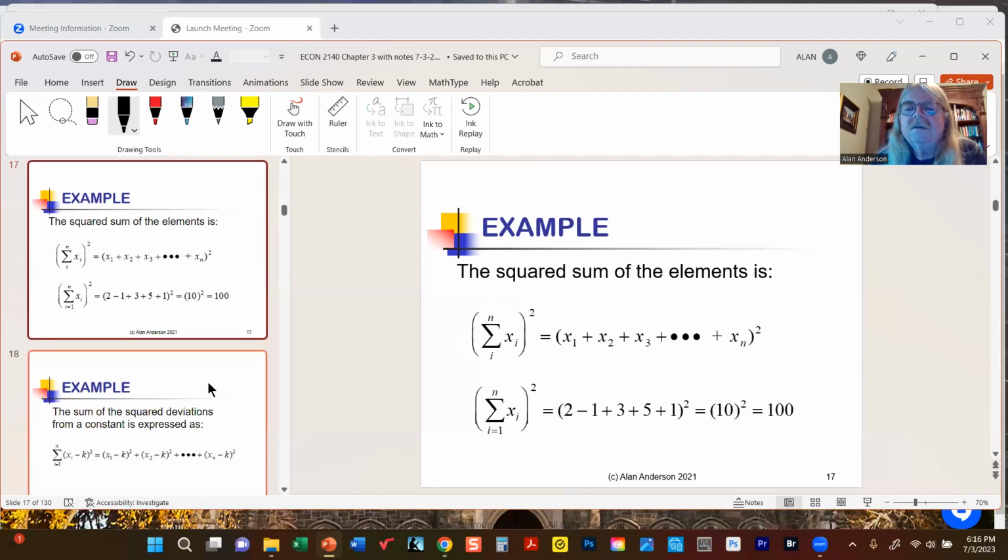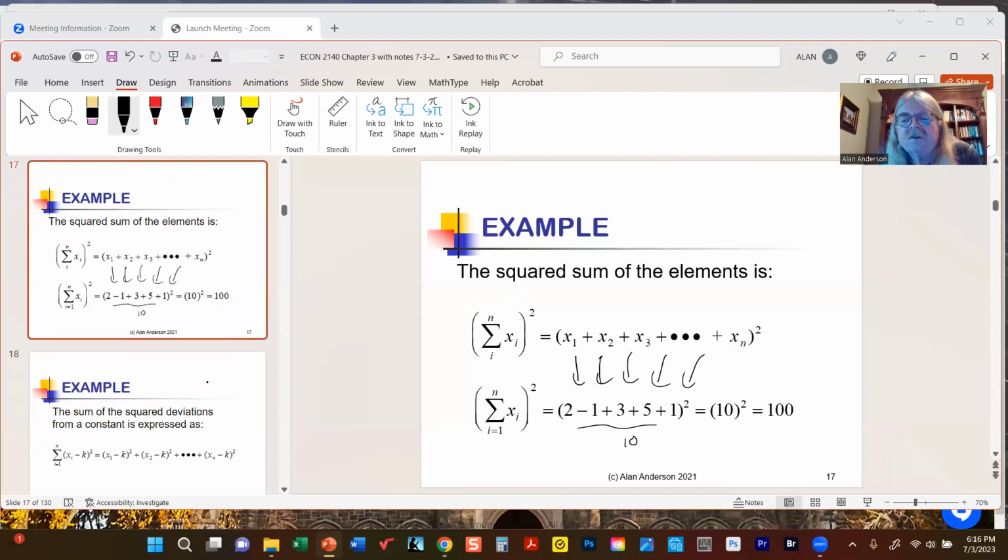In this slide, we add and then we square. What happened here is that I added up all my elements, which means I have 10 here, and then I square 10 and I end up with 100. So you can see these are two very different cases.